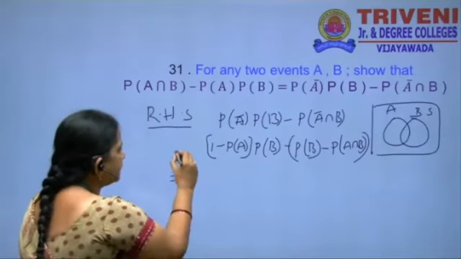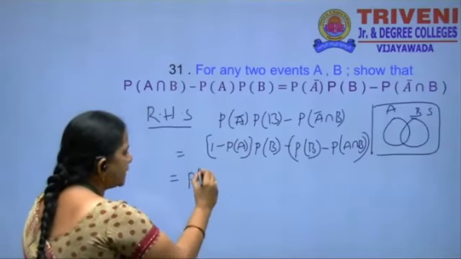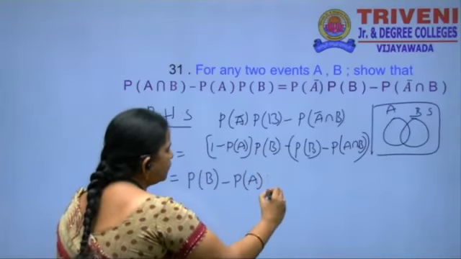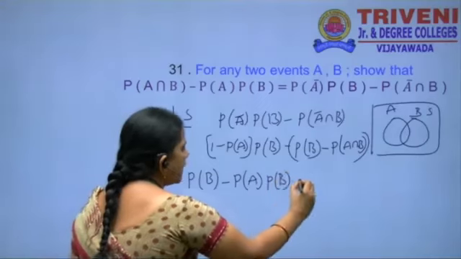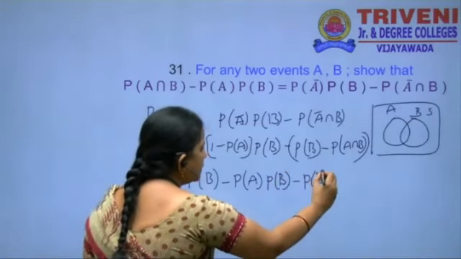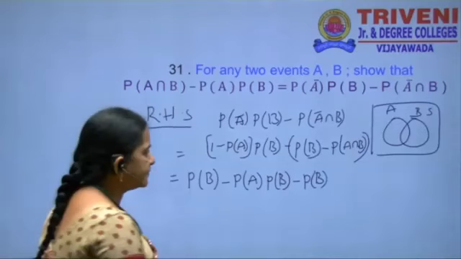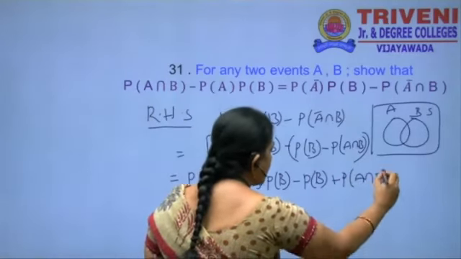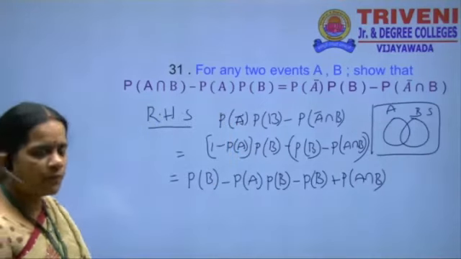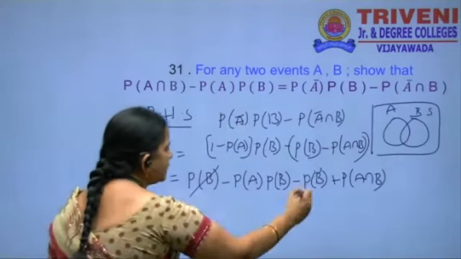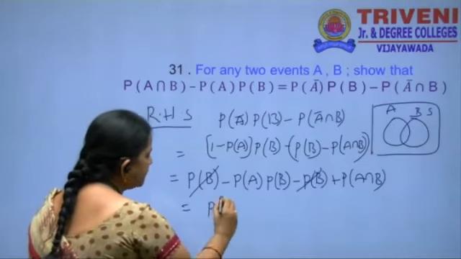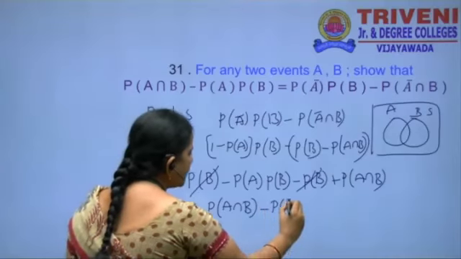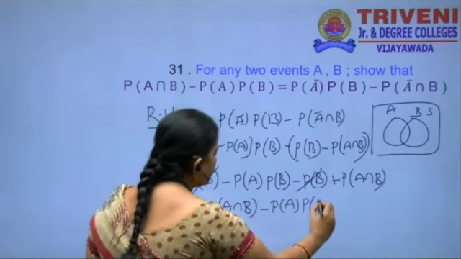Here we multiply 1 into P(B) gives P(B) − P(A) × P(B) − P(B), minus into minus plus P(A ∩ B). P(B) and −P(B) get cancelled here. Then we get P(A ∩ B) − P(A) × P(B).